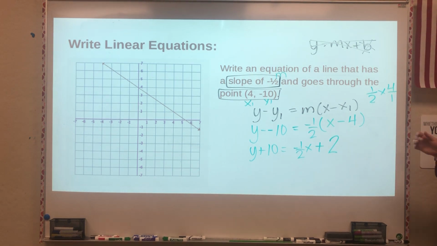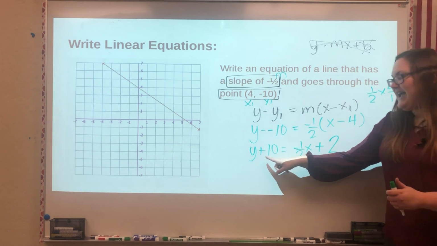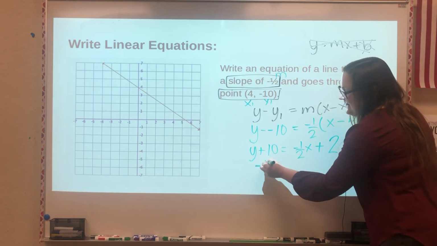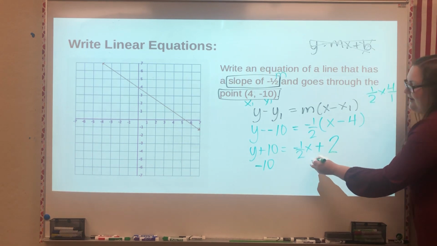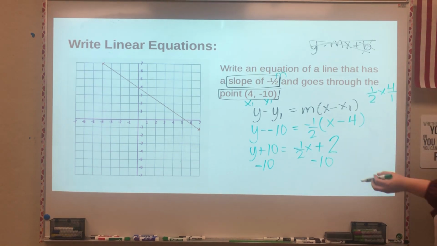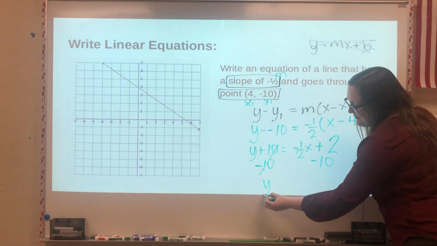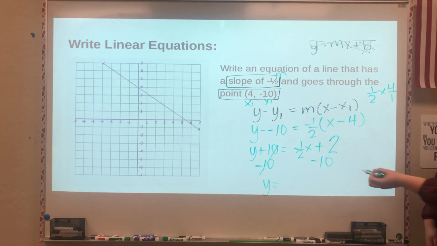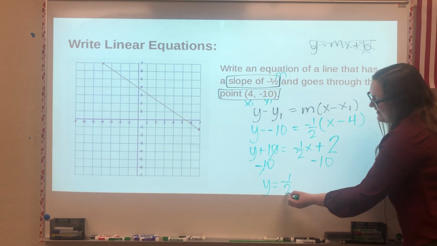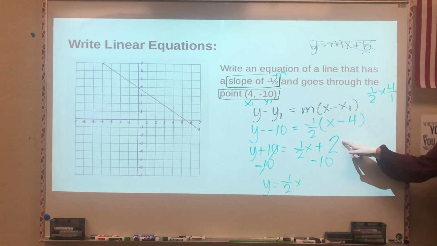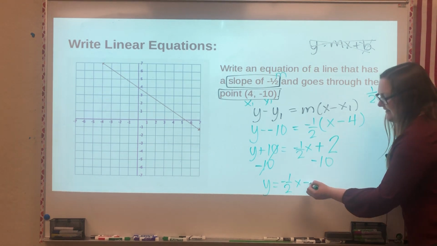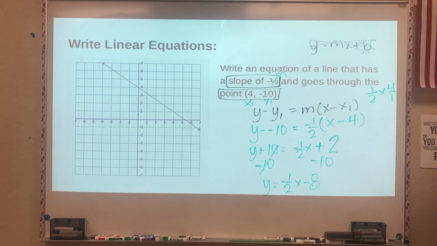My last part, if I want y all by itself for y equals mx plus b, I need to get rid of my plus 10 by subtracting 10 on both sides. When I do that, that'll leave me with y equals, which is what I was looking for. Y equals negative 1/2 x, and then 2 minus 10 gives me minus 8.